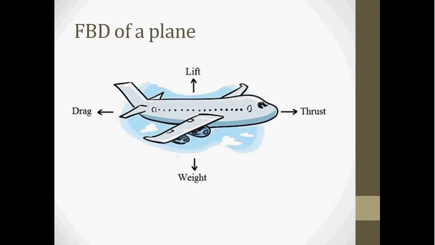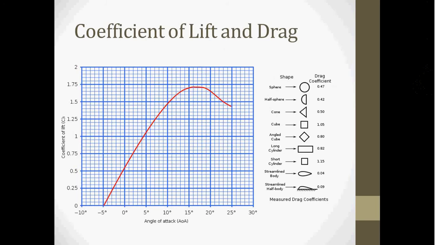And here's our free-body diagram of a plane. You can see that F lift and F gravity are acting on the plane, and also F drag and F thrust. We found a chart of coefficient of lift and a list of coefficient of drag, which we can use for calculating the value of F lift and F drag.